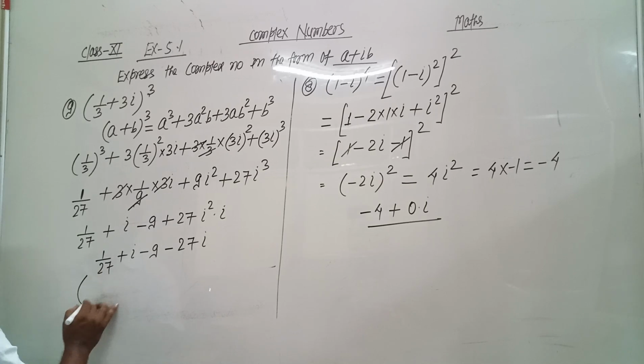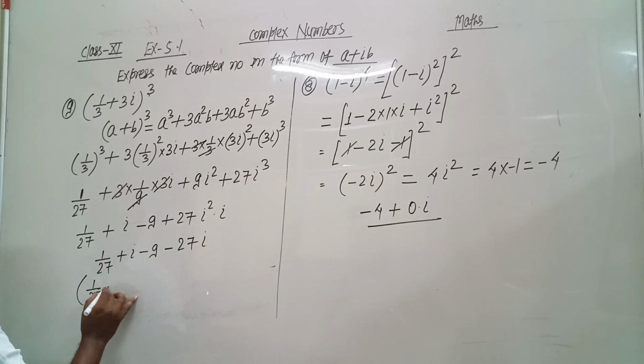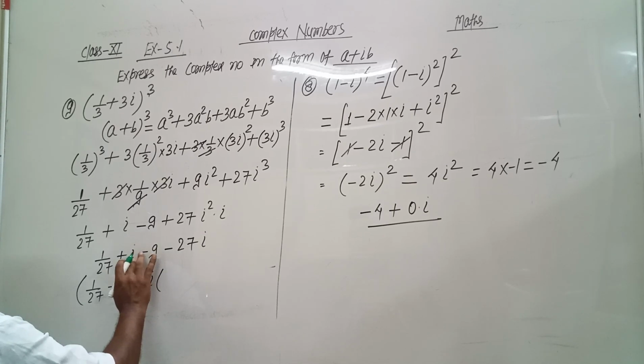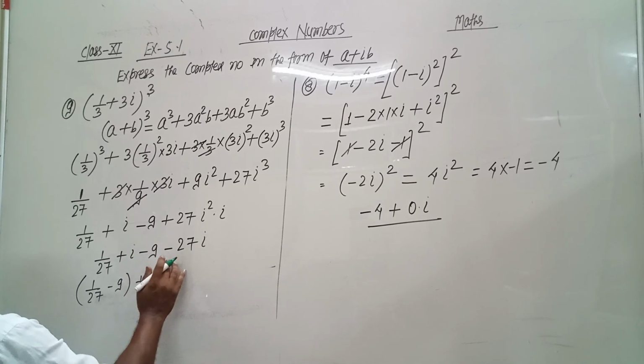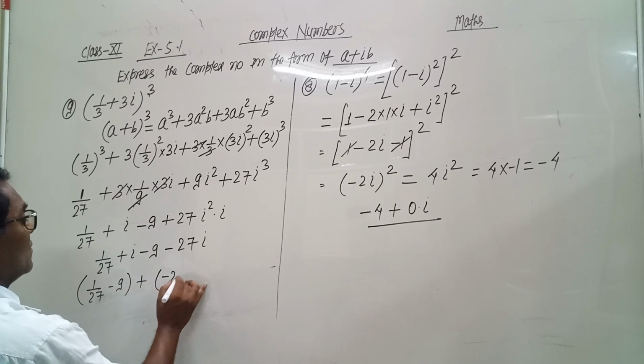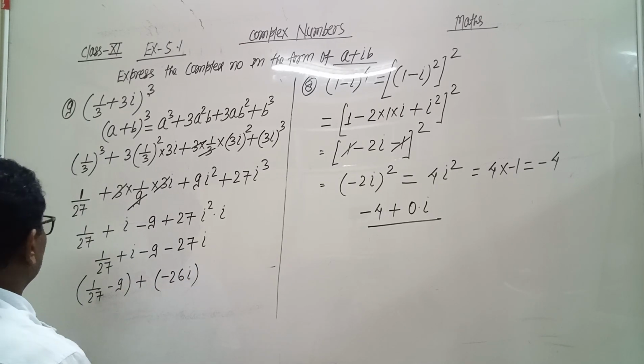Now taking the real part together, 1/27 minus 9, and the i parts: i minus 27i gives minus 26i.